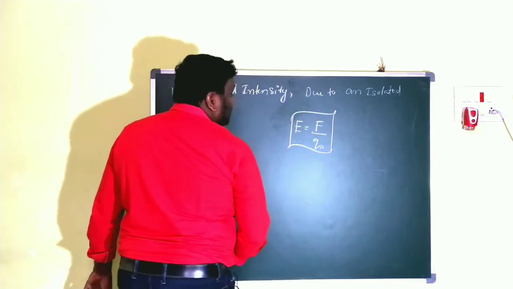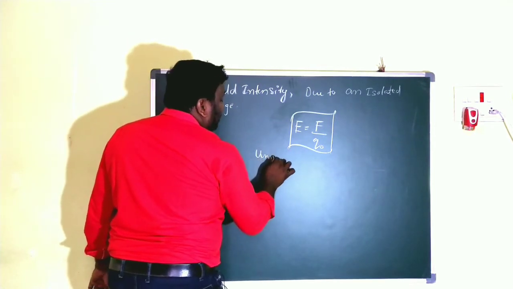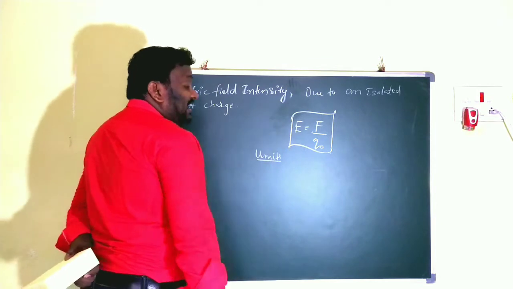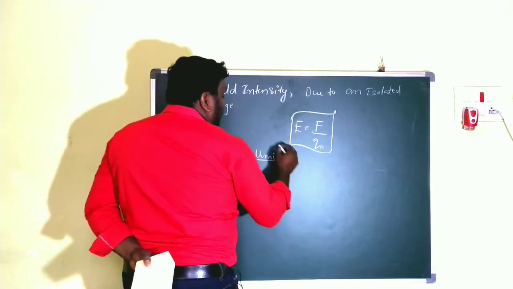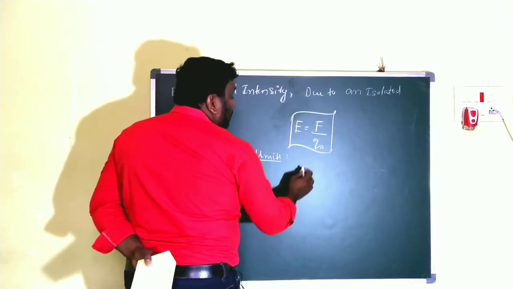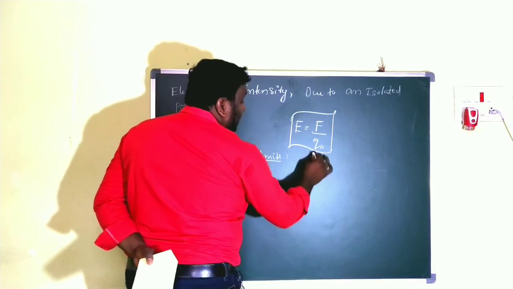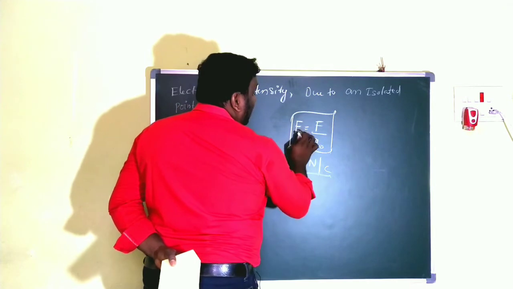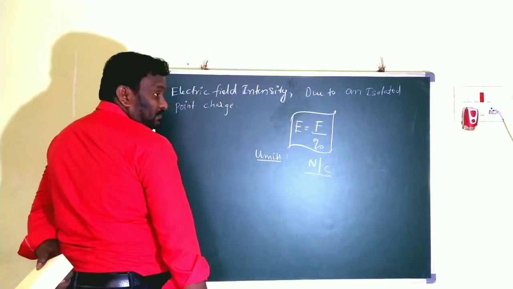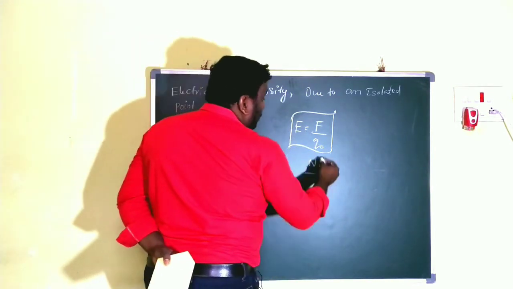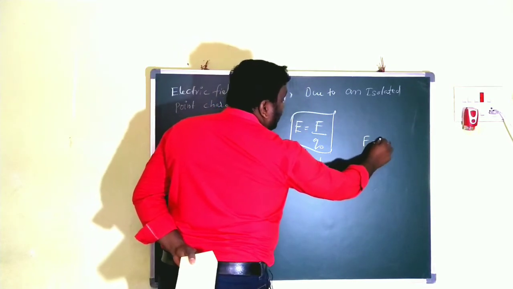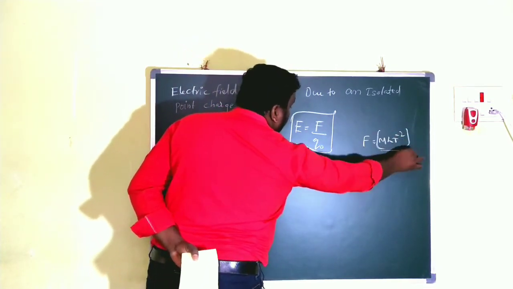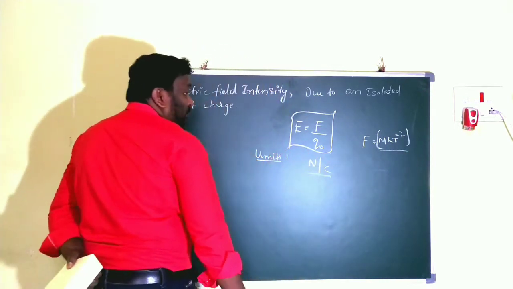Now the units and dimensional formula of electric field intensity. Writing the units: for force you write newton, for charge you write coulomb. Newton per coulomb is the unit of electric field intensity. Now the dimensional formula. For force, F equals m L T inverse 2, which is the dimensional formula of force.